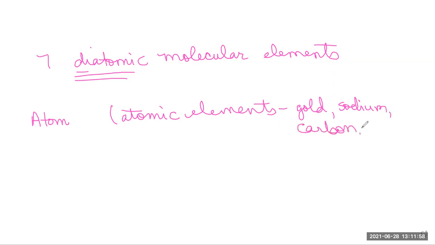We can get all the way down to a single atom. But what's also interesting is that we have our molecular elements. Sulfur has S8, it has 8 sulfur atoms connected to each other. But these are the ones that I want you to memorize.